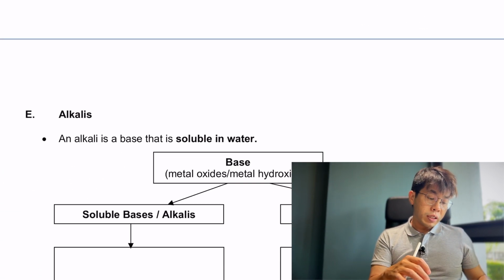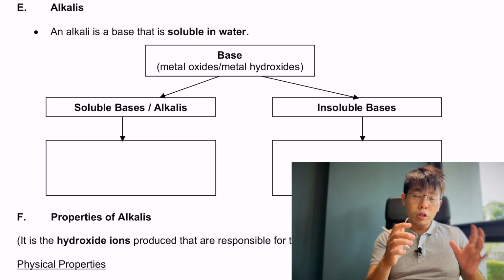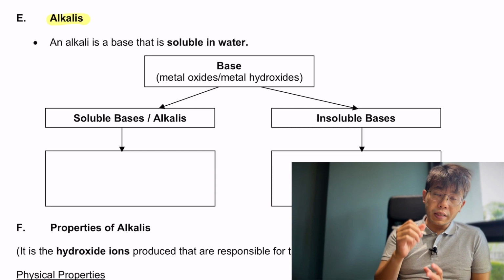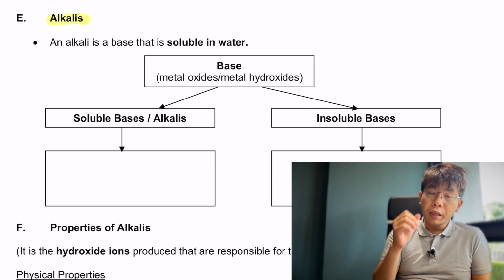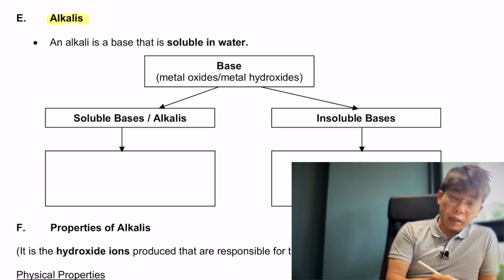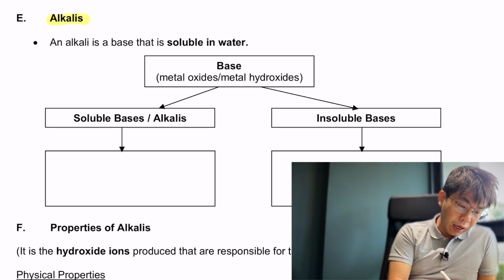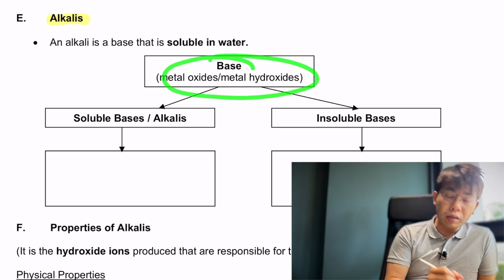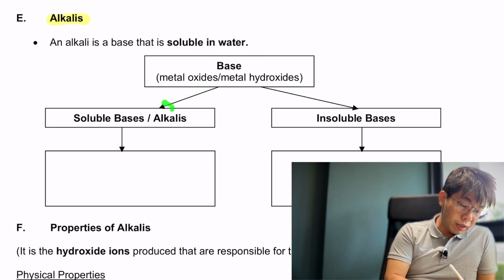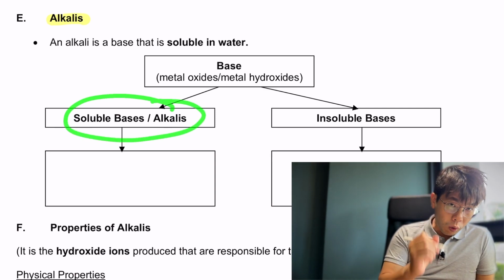The interesting thing about bases is that there's a special group of bases called alkali. An alkali is a specific base that is soluble in water. All bases are actually metal oxides and metal hydroxides. However, there are some special bases that will dissolve in water.